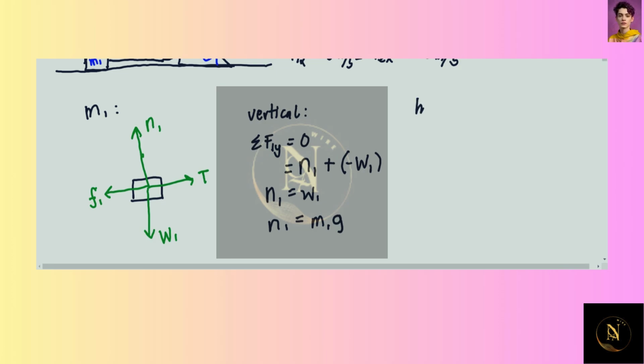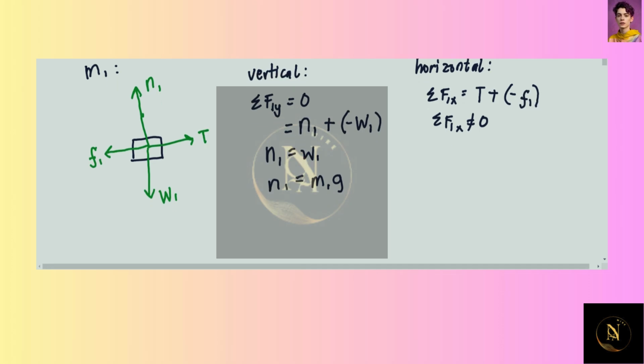And we know that weight is just the product of the mass of the object multiplied by the acceleration due to gravity. Now for the horizontal, the forces are the tension plus negative of the friction. It's opposite the tension force. This time, the summation is not equal to 0 since the block is accelerating horizontally.